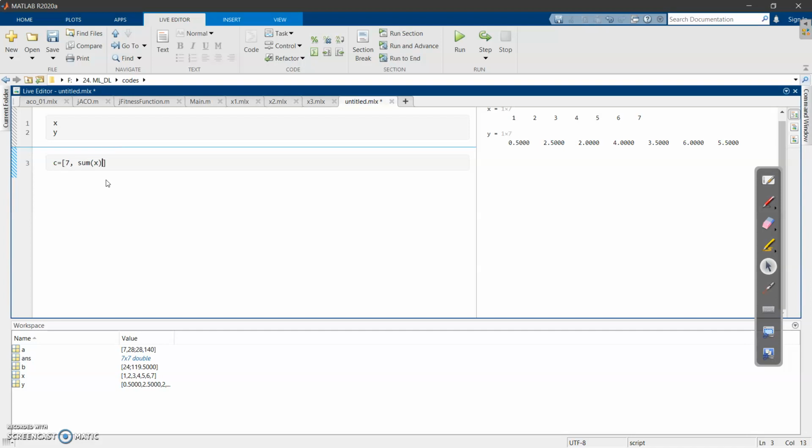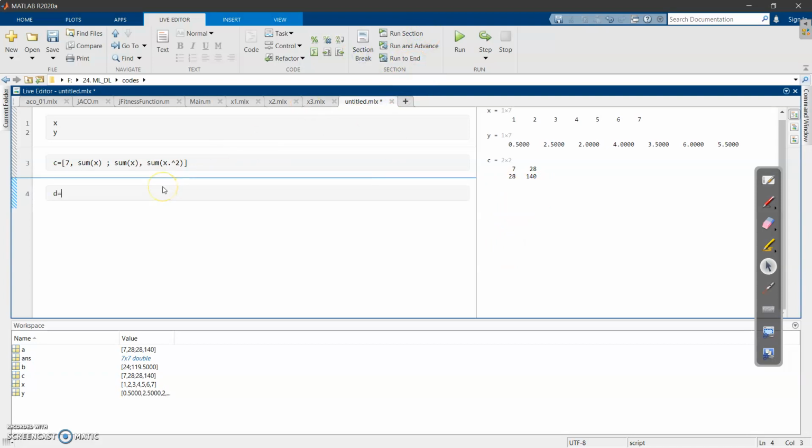Then the next line, again summation of x, then summation of x square. This is our c matrix. Then comes our d matrix: summation of y, then next line summation of xy, that means x dot multiplication of y. So this is d.